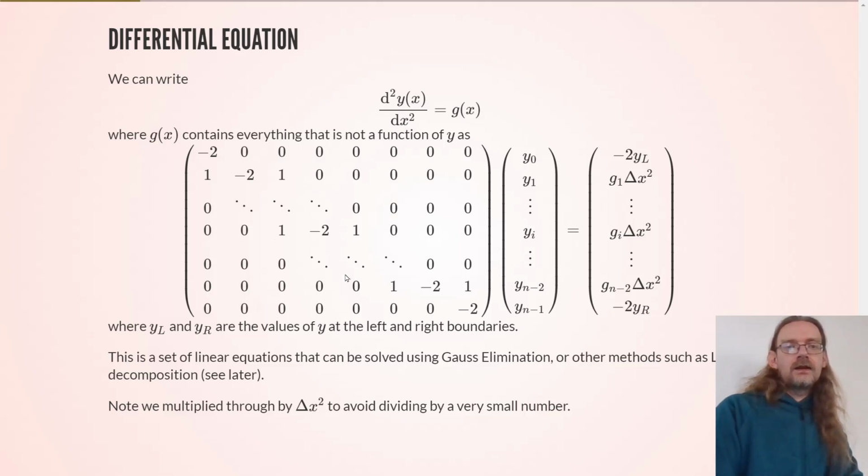So this left-hand side is for this particular example where we've got a second derivative of our unknown function. In this case, there's no first derivative term, but you could make an approximation similar to what we've done before and just add in terms of this y column vector.